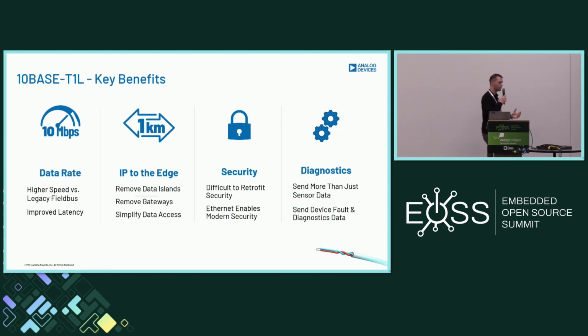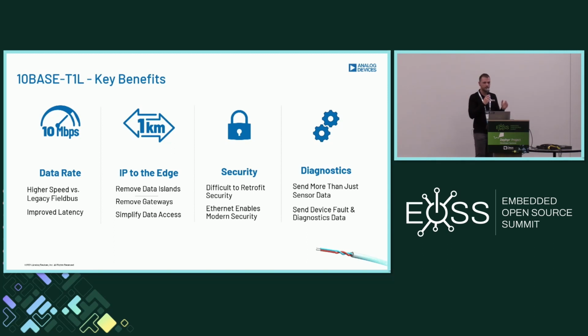Let me go into some more detail about 10BASE-T1L and the key benefits of this technology. I'm going to look at this in 4 key areas: data rate or throughput, bringing IP to the edge, security and diagnostics. With data rate, 10 megabits per second, you're probably saying we have gigabit Ethernet these days, it's nothing impressive.